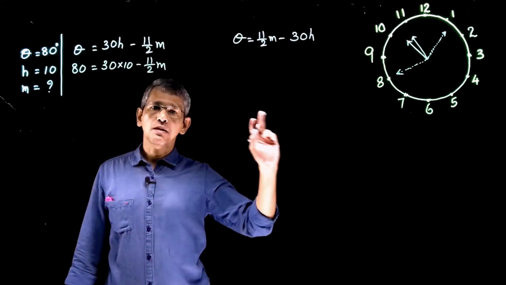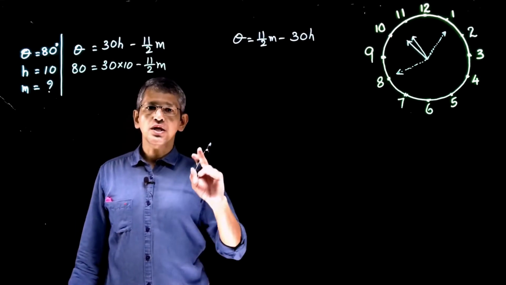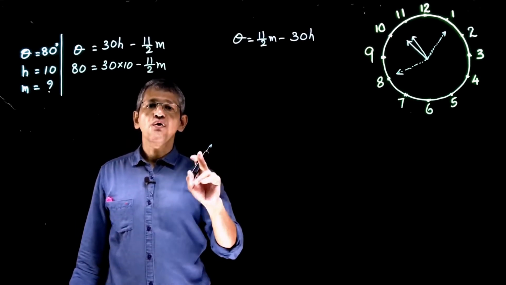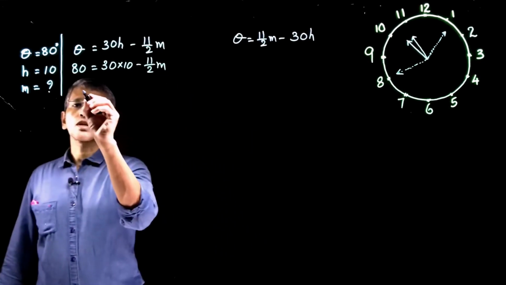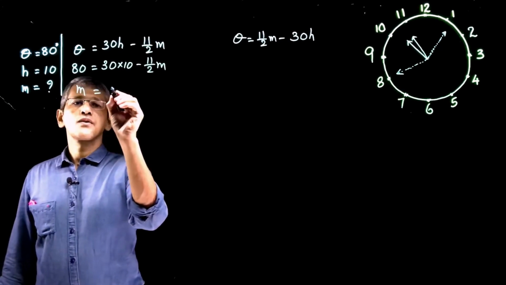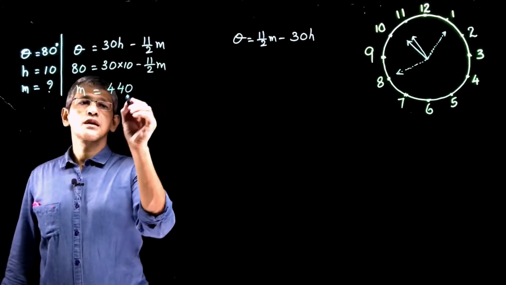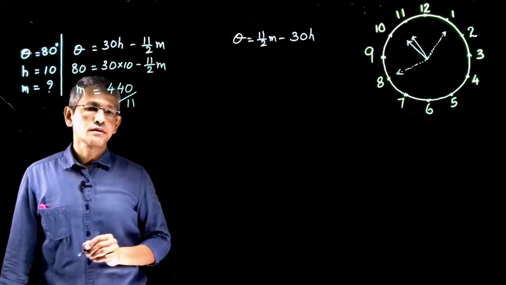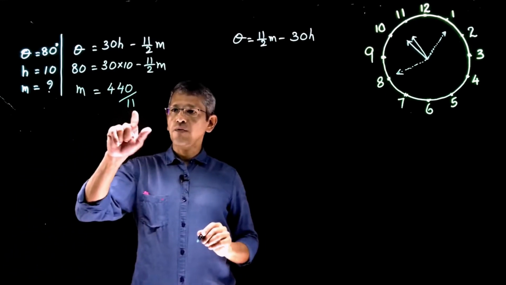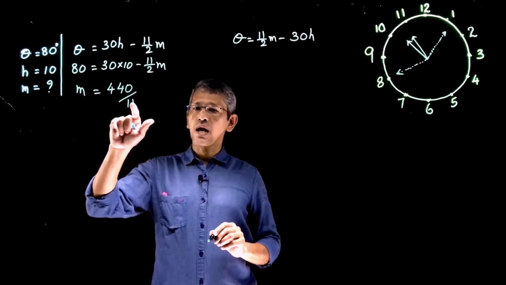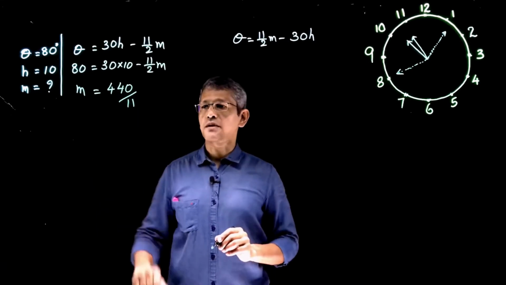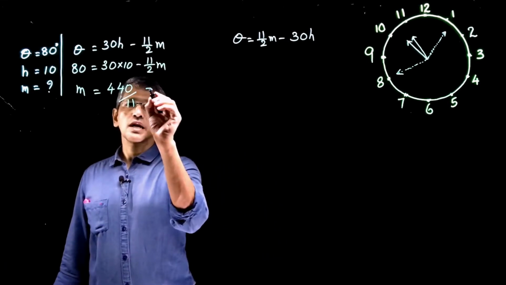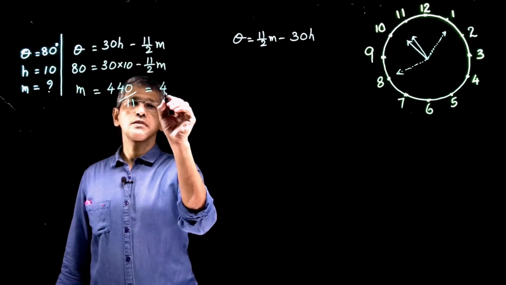And we need to cross multiply by the 2. So 220 into 2 is 440. So 440 by 11. So m is equal to 440 by 11. When you look at that, 44 and 11, how many times? It's 4 times. So what you get is 40 minutes.